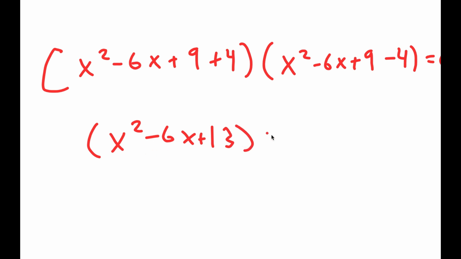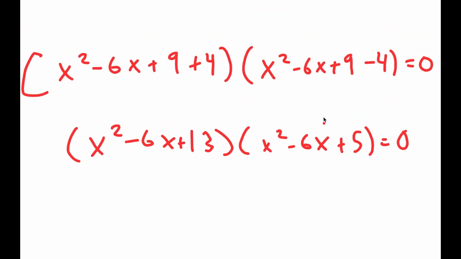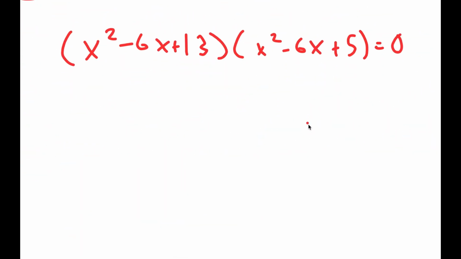So I have (x^2 - 6x + 13)(x^2 - 6x + 5) is equal to 0. So now all that's left to do is to divide this up into two different equations.